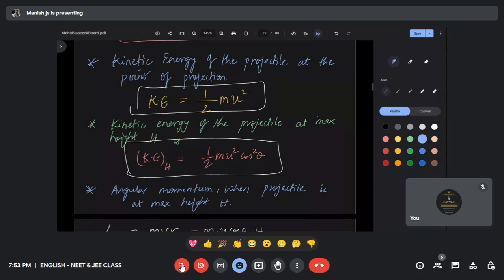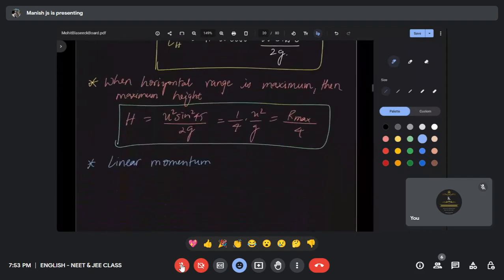The vertical component will not be there, it becomes zero, because of gravity at that point it becomes zero. That's the reason we don't take it. Only the cos component would remain. The vertical component becomes zero at that instant of maximum height. So we only take u cos theta but not sin theta. Okay, yes, sir, understood.